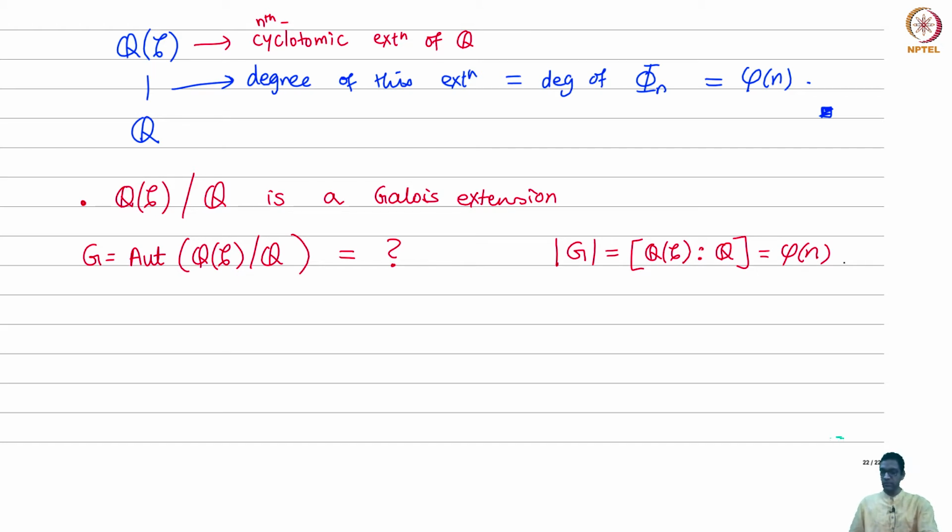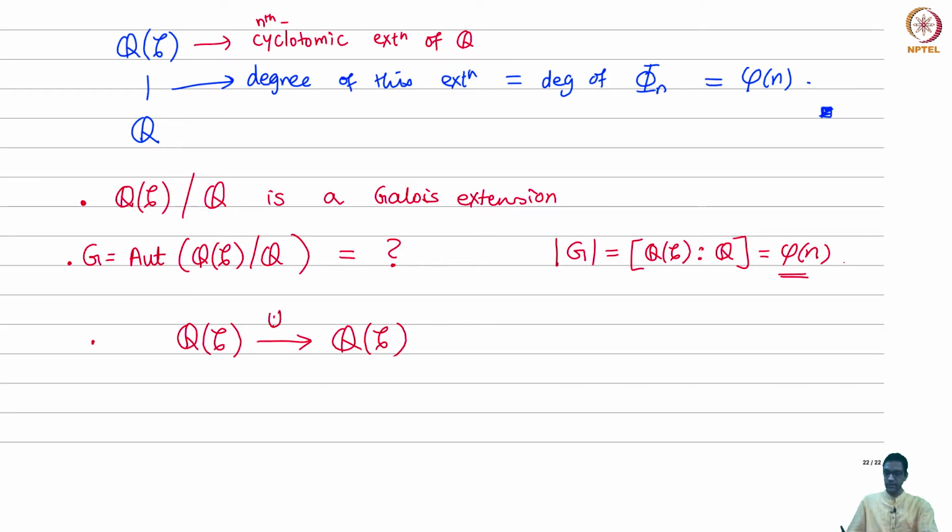What we will do next is construct explicitly these phi(n) many elements in the Galois group. We are looking to construct automorphisms of the field Q(zeta).